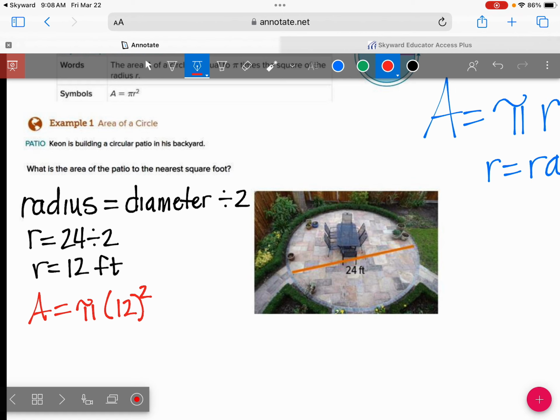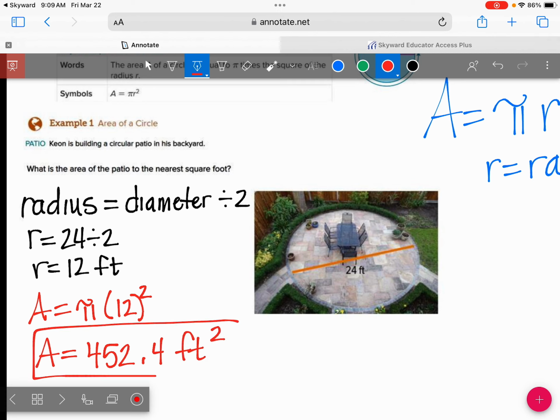Because we want the decimal answer. So if you type that in and you hit that button above enter, you should get 452.4 feet squared. Remember, area is always unit squared.